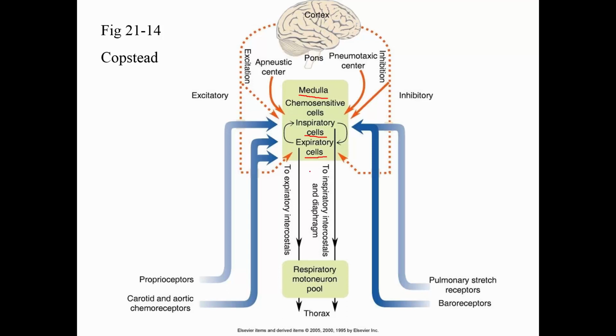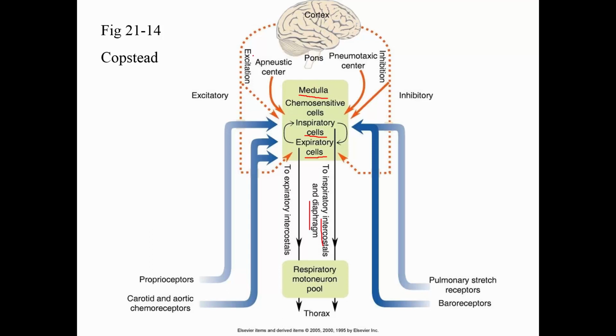So the inspiratory cells send information to the intercostals and the diaphragm, and that tells us to breathe. We can simply stop stimulating the inspiratory cells and exhale, but we can also exhale actively if we activate these expiratory cells. So those are in the medulla.